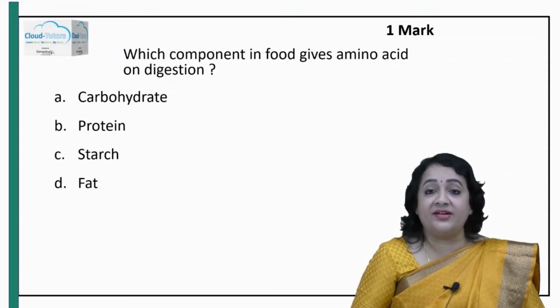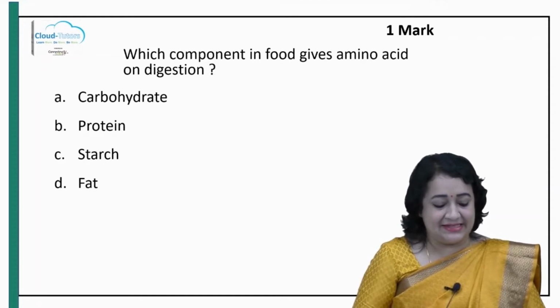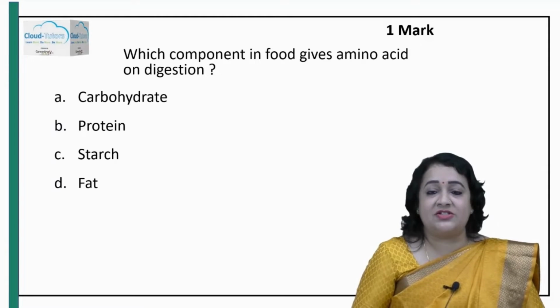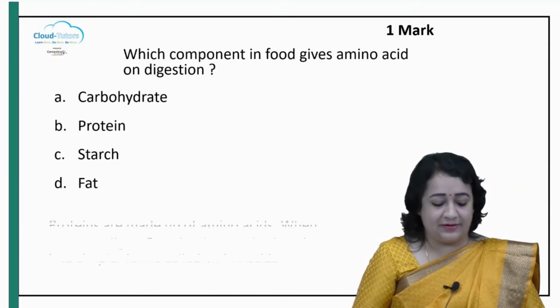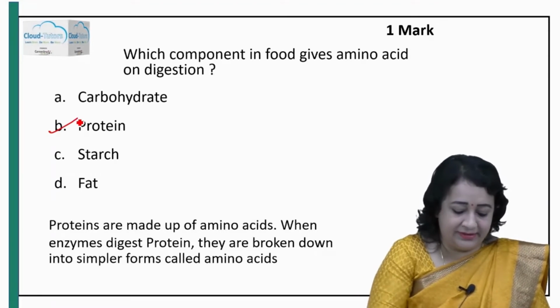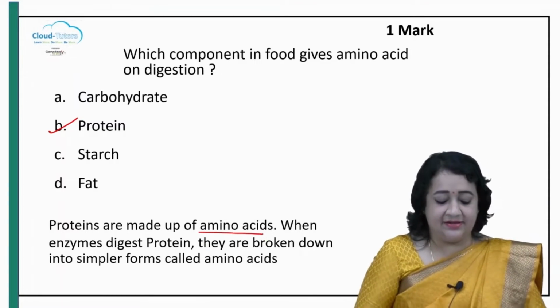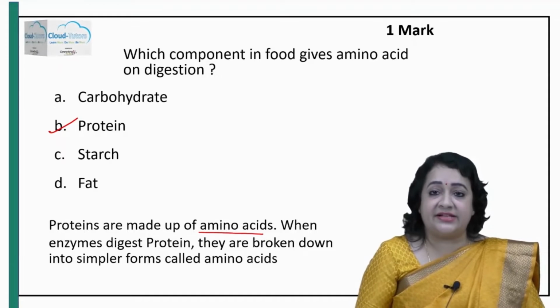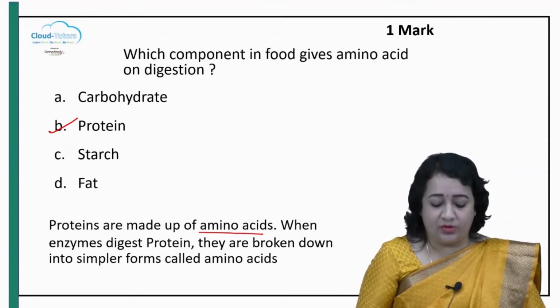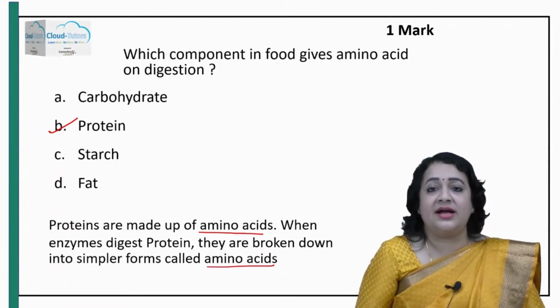Then we have protein, which is made up of amino acid. Starch, again, is made up of glucose. And we have fat, which is made up of fatty acid and glycerol. So protein is made up of amino acids. When enzymes digest protein, the protein will be broken down into amino acids.